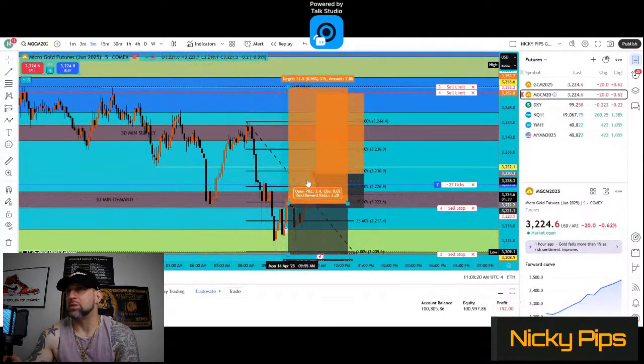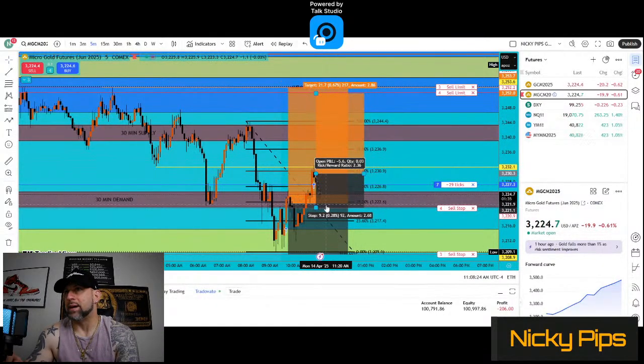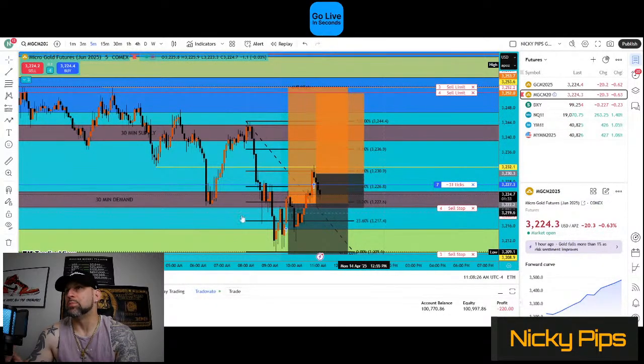So, of course, it tapped into that support level at 32.32. Pulled back, right? Almost pulled back right to another previous support area at that 30-minute demand, which I'm thinking is going to continue to push up. But we'll see.